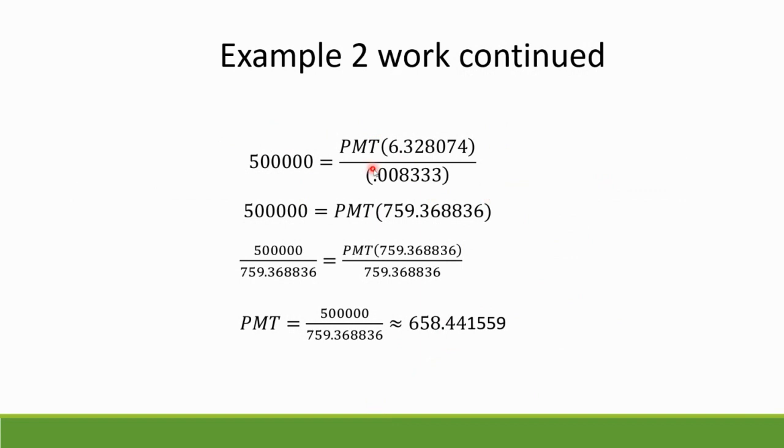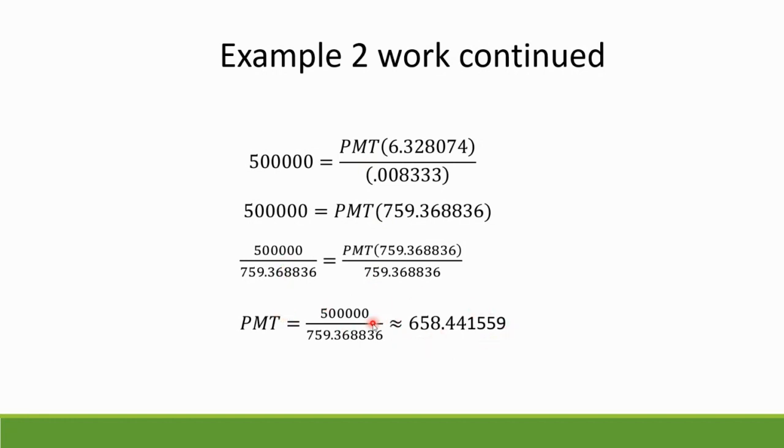Now, how do we get PMT? Well, what I did was I carried out this quotient. That's what this number is. And then we divided. So we're solving for our unknown, in other words. So what is PMT? PMT is equal to this quotient, and that turns out to be about this.